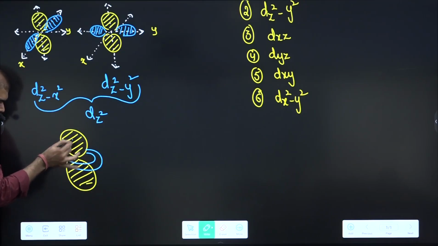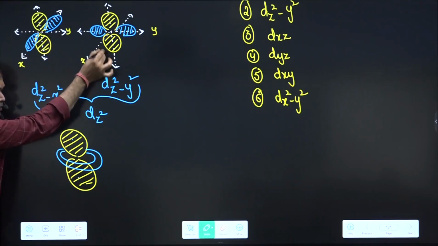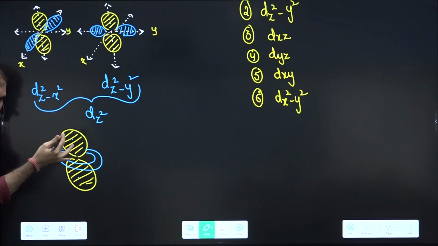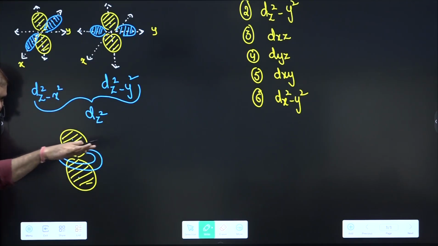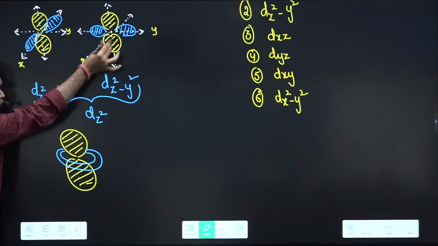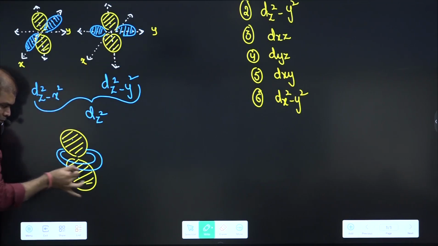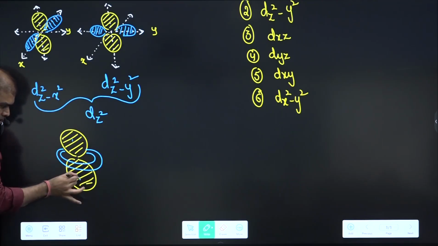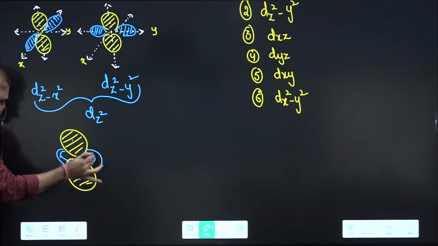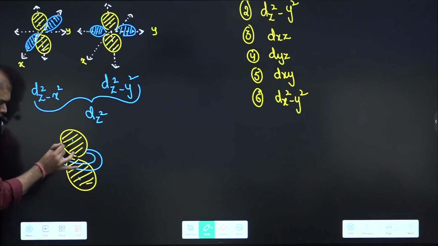This is plus plus, it is adding, therefore these two lobes will be large. In the xy plane how many lobes are present? 1 2 3 4, 4 lobes. These 4 lobes are included in this circle. So if this is plus and plus, all this will be minus. Okay, so this is dz square.